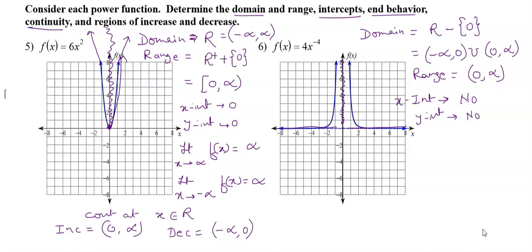What is the end behavior? When limit x tends to 0, when the x value is nearly equal to 0, the function f(x) becomes infinity, right? As the graph gets closer and closer to 0 on x, the function value becomes very, very large, so it is infinity.